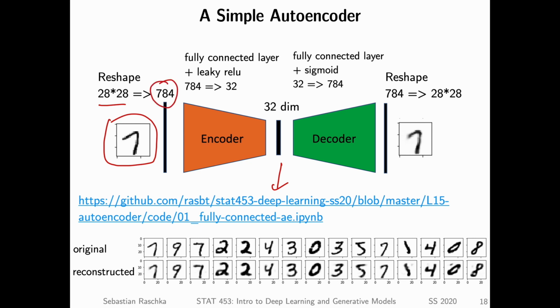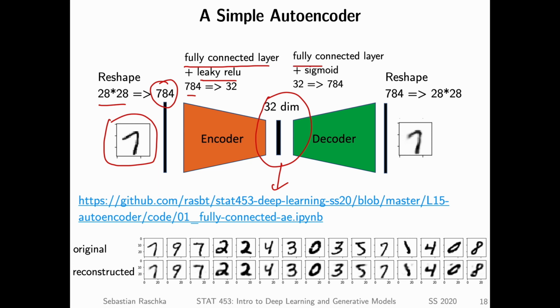This is the same that we did when we implemented multilayer perceptrons. Here I used a fully connected layer and a nonlinear activation function, the leaky ReLU function. The fully connected layer transforms the 784 dimensions into a 32-dimensional vector. So my embedding is a 32-dimensional vector.